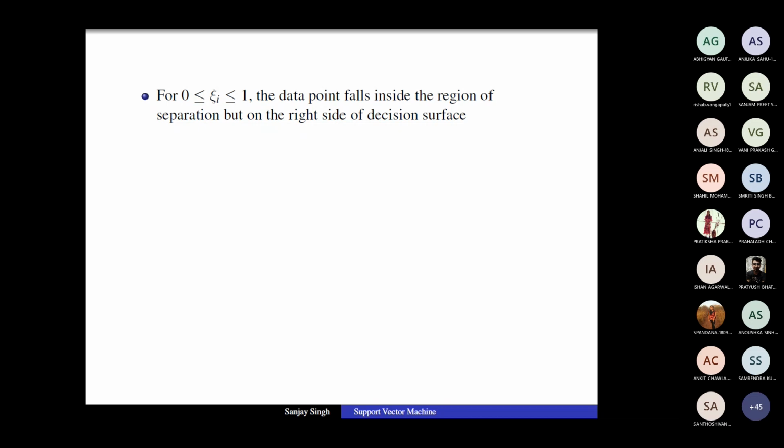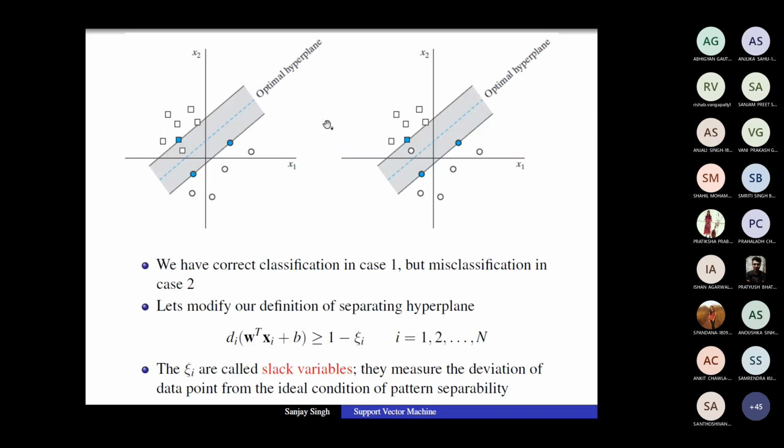If the data point falls inside the region of separation but on the other side of the decision surface, then xi is greater than 1, and it falls on the wrong side. From this to this, the distance is only 1.